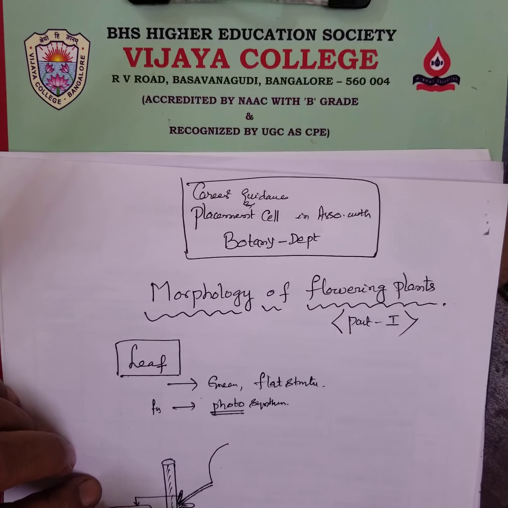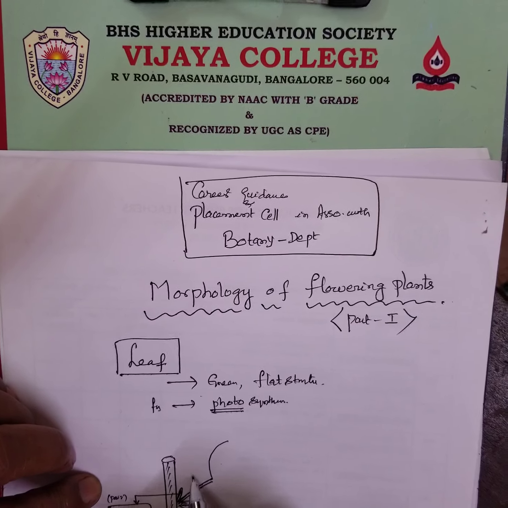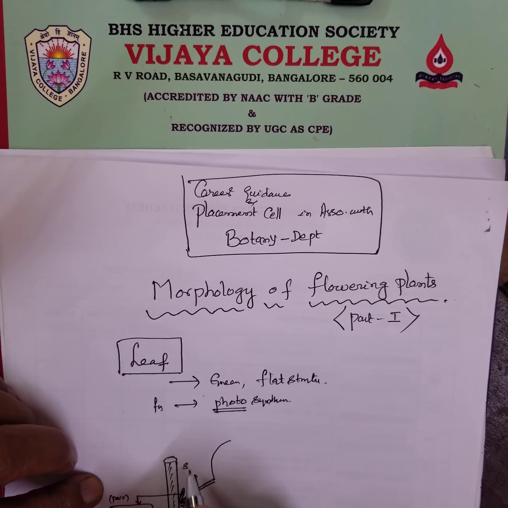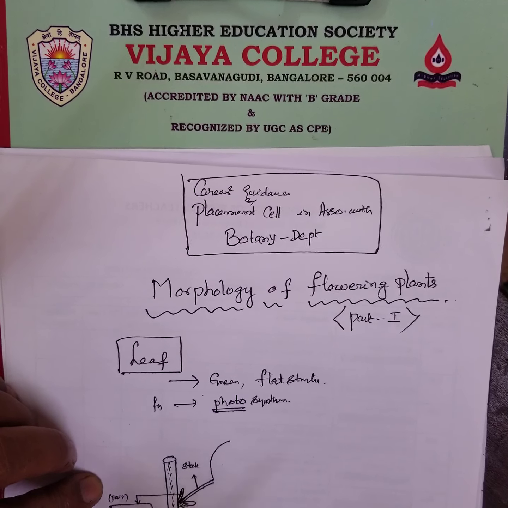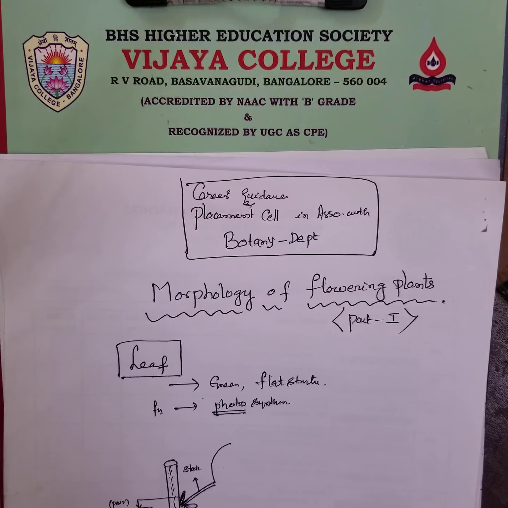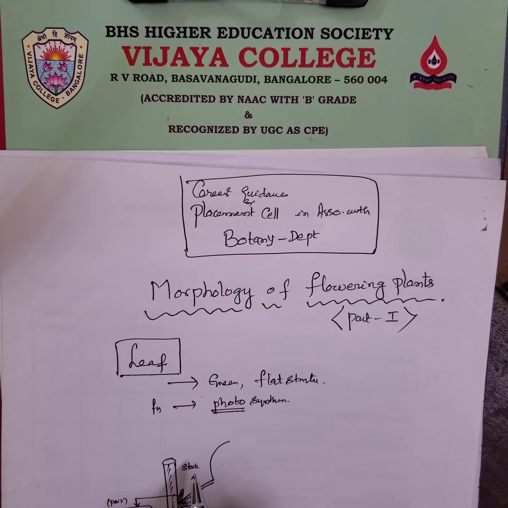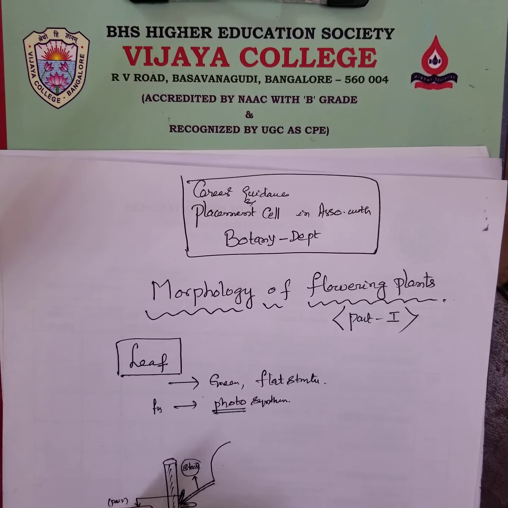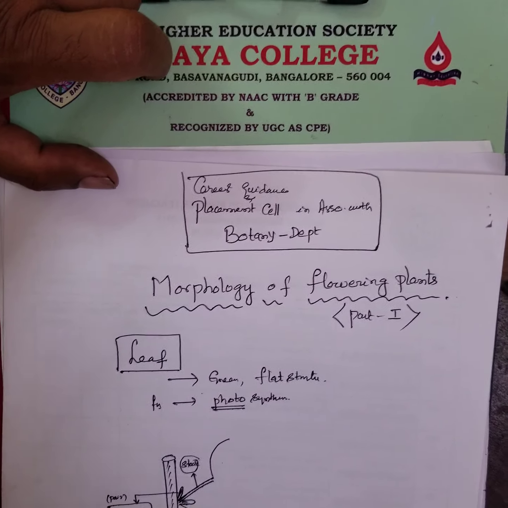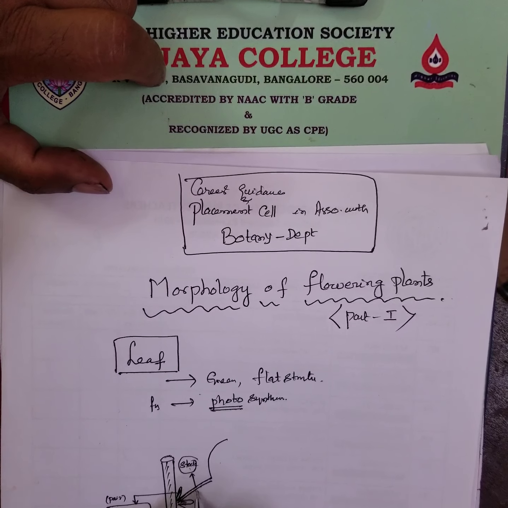You have a pair of stipules there. What is this? Stalk. Stalk of the leaf. Now, you have a name for that, is it not? What is the name of this? This is called petiole. This is the name you got?